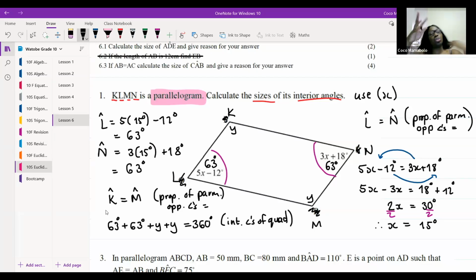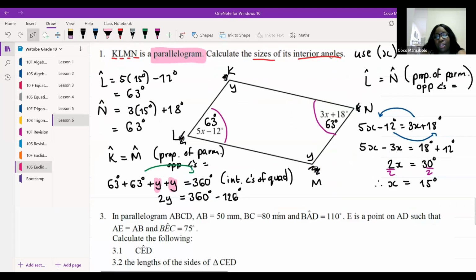And then we just need to do a little bit of manipulative maths. y plus y will give us 2y on this side, and then 63 plus 63 will give us 126. So I'm going to take this 126 over to the other side, so I'm going to get 360 degrees minus 126 degrees.